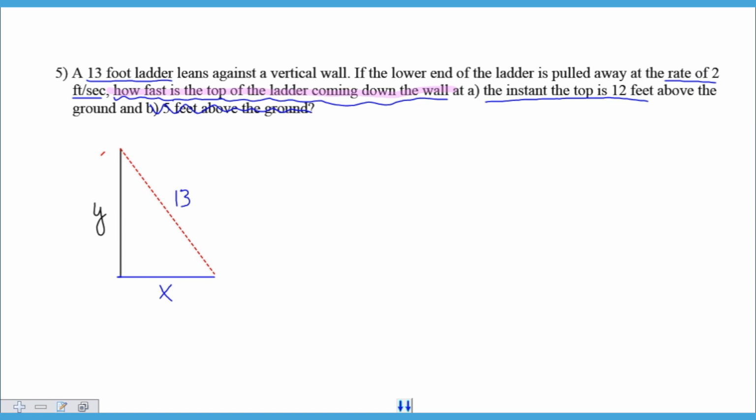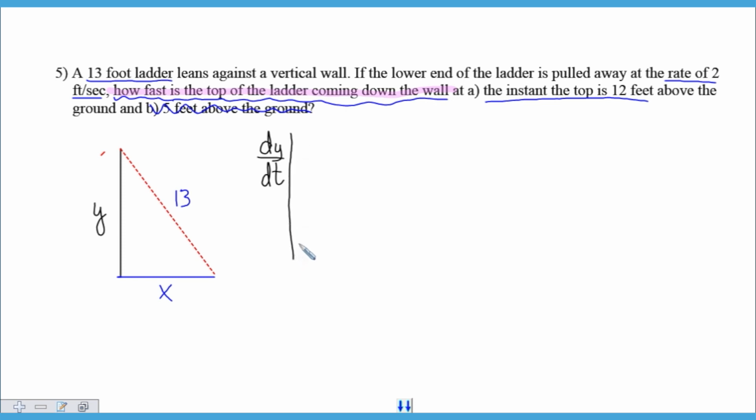Well, which variable would that be? The ladder coming down the wall is this Y distance. So if I want to know how fast Y is changing, that's going to be called dy dt, because we want to know how the Y distance is changing with respect to time. So that's what we'd like to know.